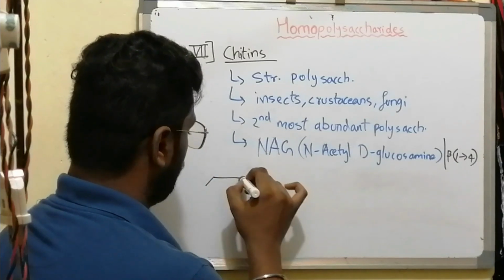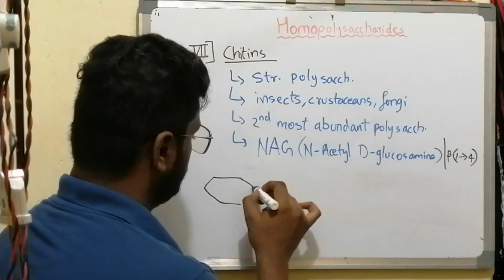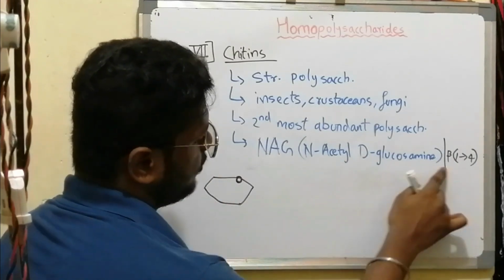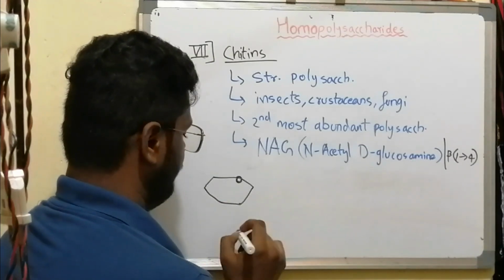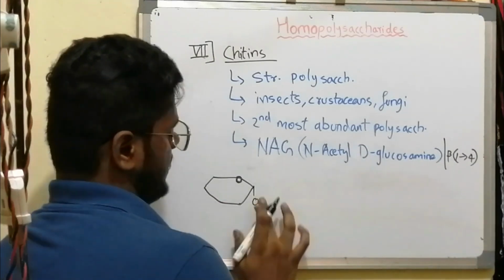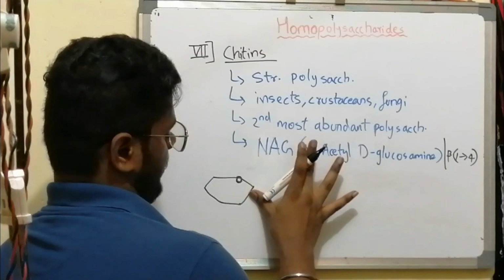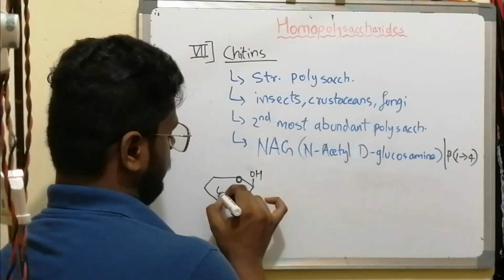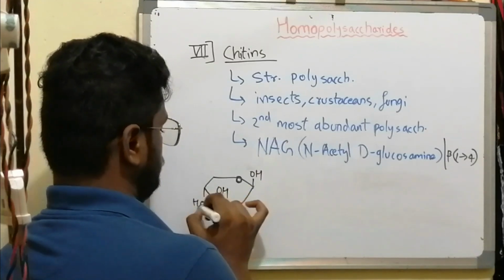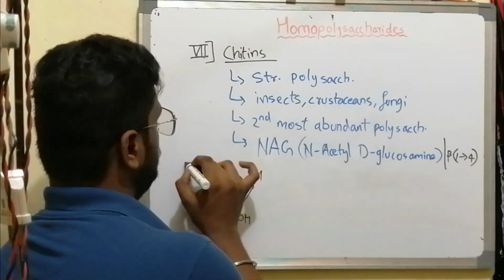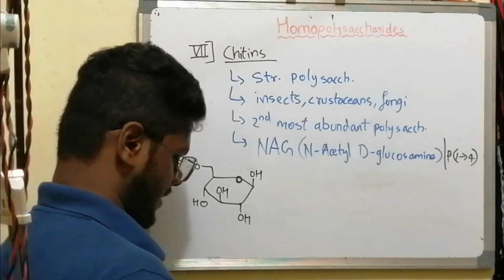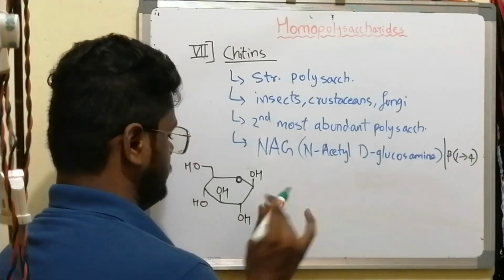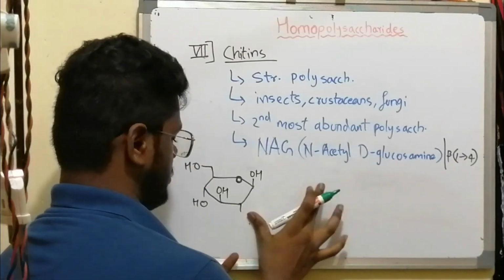Simply we have to draw glucose only. The root word is glucosamine. So OH, as it is beta, will be upwards, downwards, upwards, downwards, and so on. And here we will be having an amine group instead of OH.